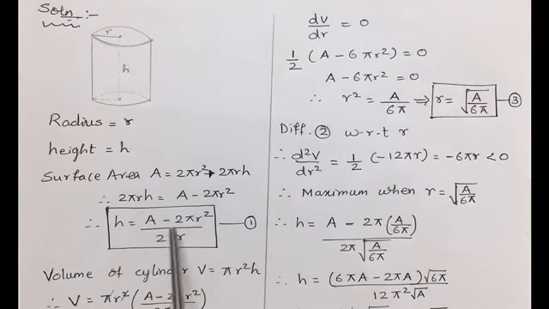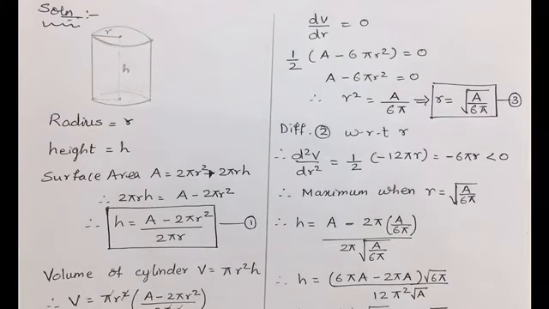Now from this equation, we will make h the subject, because we have to convert it in terms of one variable. So taking h as the subject, converting in terms of radius, we get h is equal to a minus 2 pi r square upon 2 pi r. This statement we will mark as 1.